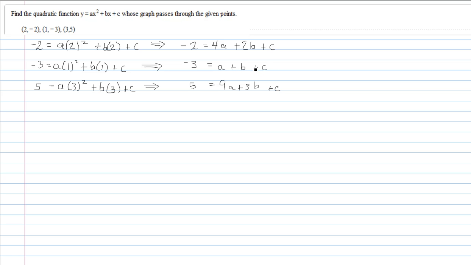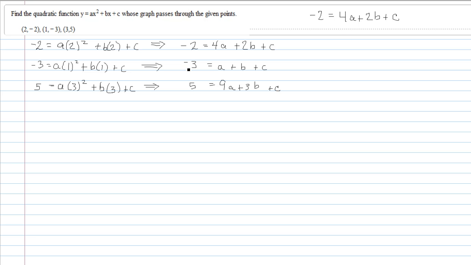Since the middle one has no coefficients in front of a and b and c other than 1, I'm going to use that equation to eliminate the c's from the first two. So I'm going to take the first one, and I'm going to write it up over here: -2 equals 4a plus 2b plus c.